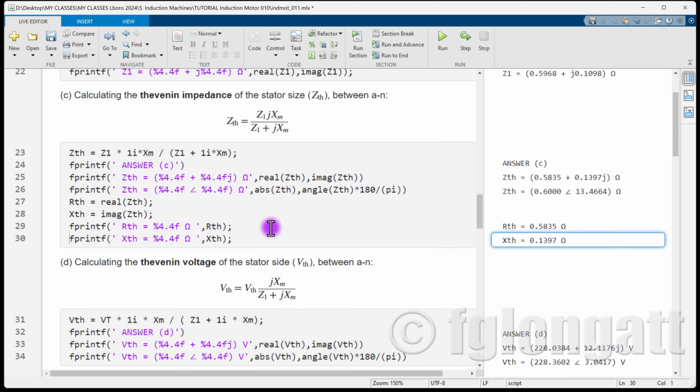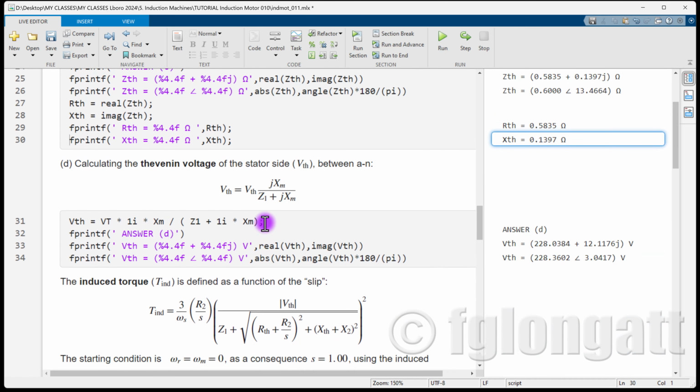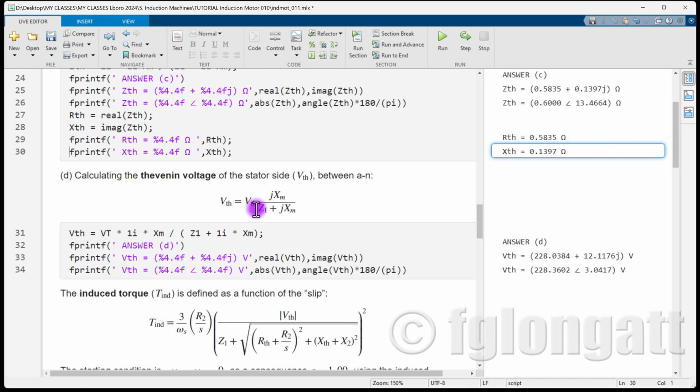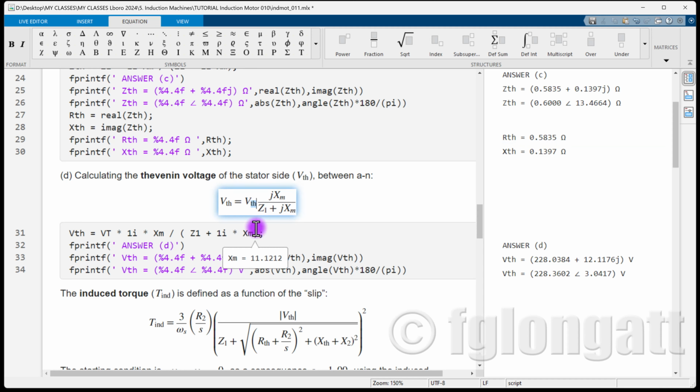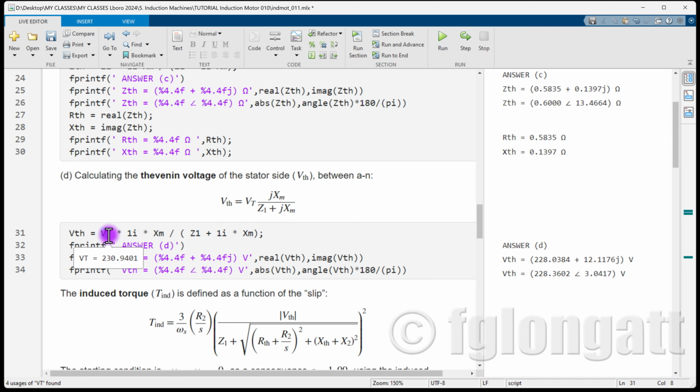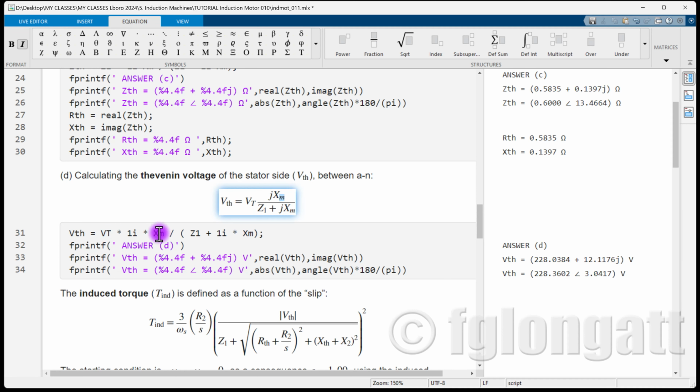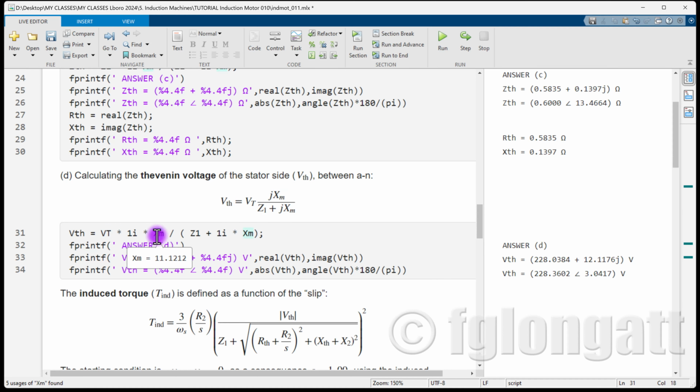So the next step is I need to know the Thevenin voltage across those points, A and N. To do that, I need a voltage divider, because we know the terminal voltage, and the terminal voltage in this case is the line-to-neutral voltage, which is 400 divided by square root of 3. We multiply by the magnetizing branch, j11 ohms, and divide by the total impedance, in this case the stator plus the magnetizing.